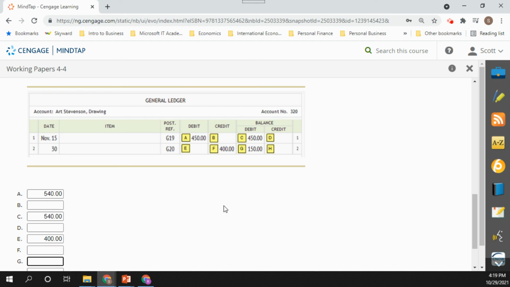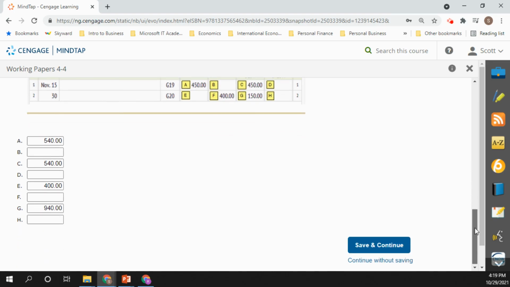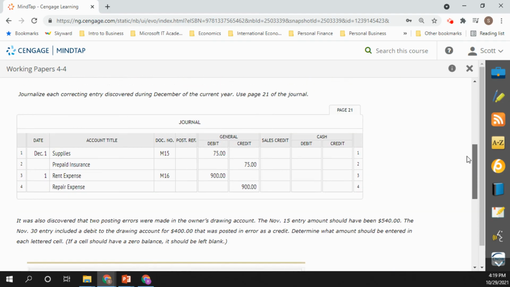No. Cell G now has our new balance. Our previous balance was 540. Remember, we crossed that out, imaginary, and put in 540. Add 400. Our new balance in cell G should be 940. H would be blank. We would never make credit entries to drawing, and it should never have a credit balance.